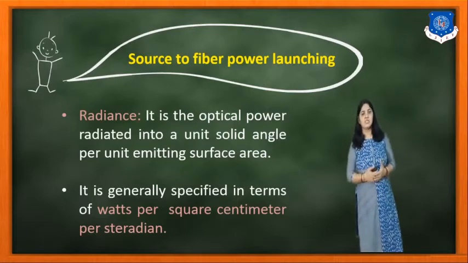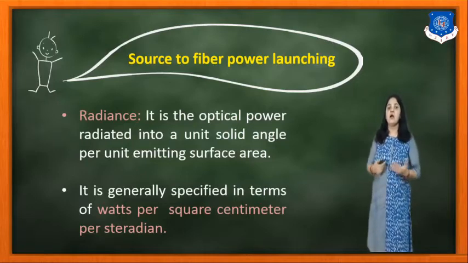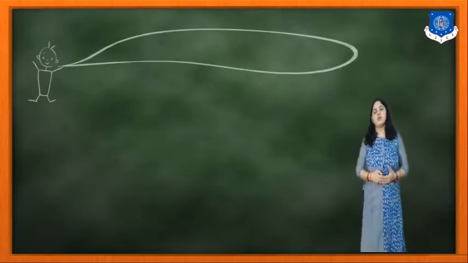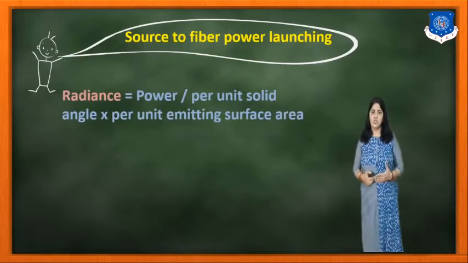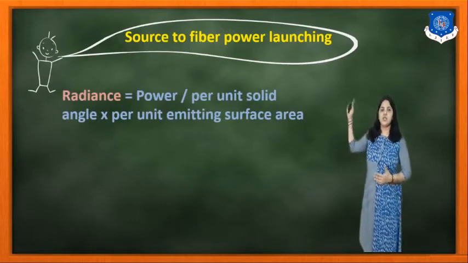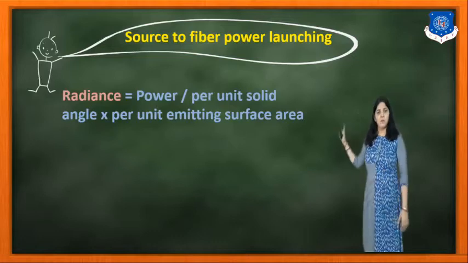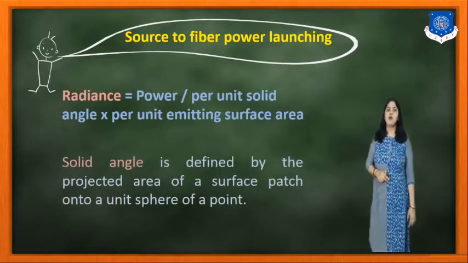It is generally specified in terms of watts per square centimeter per steradian. So this is the unit of the radiance. Now the radiance is equal to power per unit solid angle multiplied by power per unit emitting surface area. So this is about the radiance.